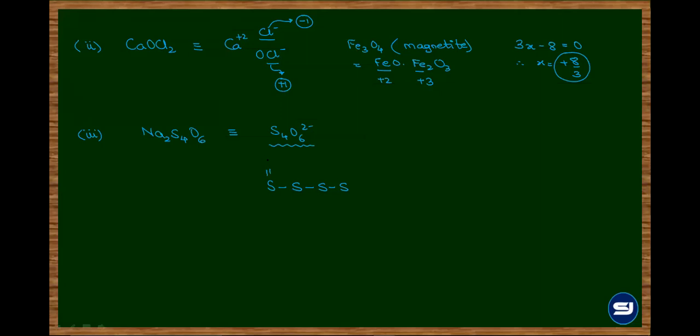The extreme sulfurs were bonded by oxygen atoms, 3 on each side, like this. That's S4 with O6, 3 on each of the terminal sulfurs.